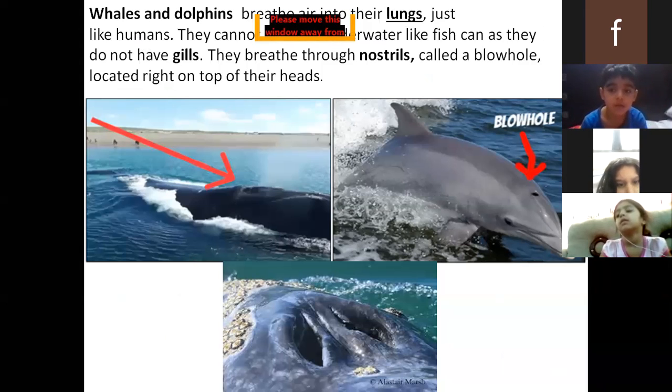Why? Because we have lungs to breathe. We don't have gills to breathe, okay? In the same way, whales and dolphins have lungs. They breathe through lungs. They cannot breathe underwater like fish can, as they don't have gills.